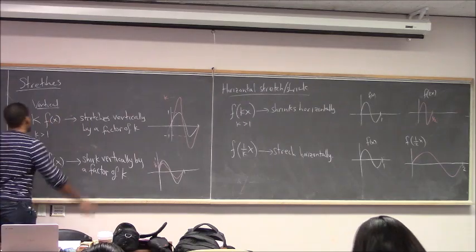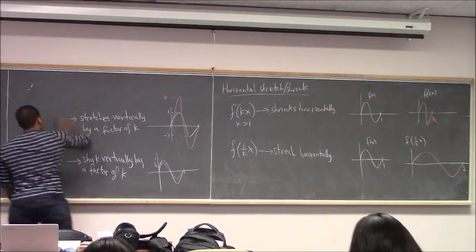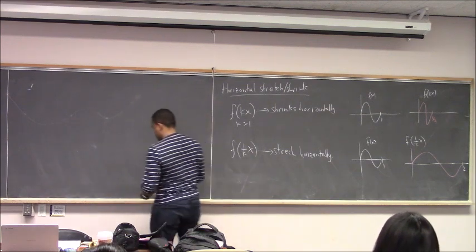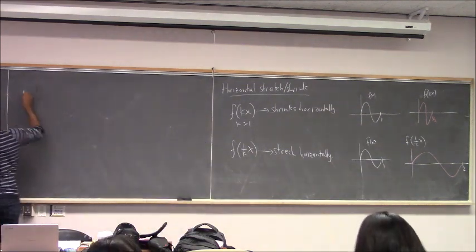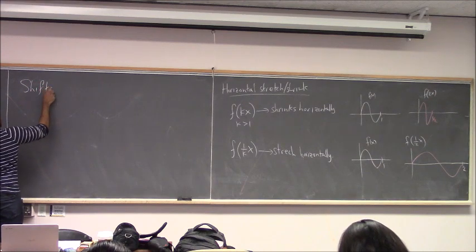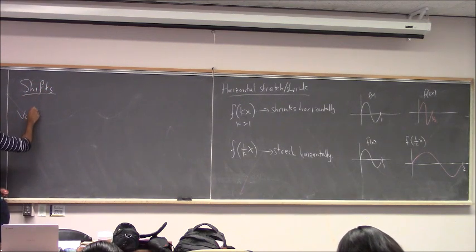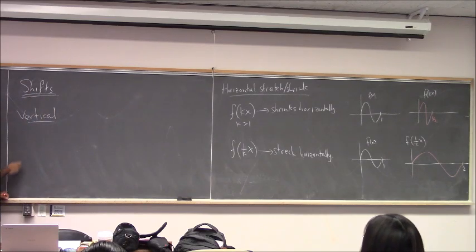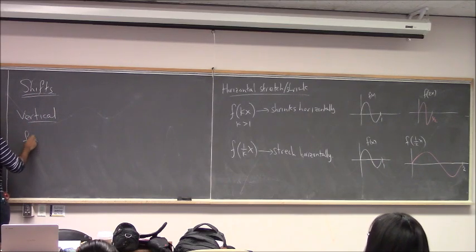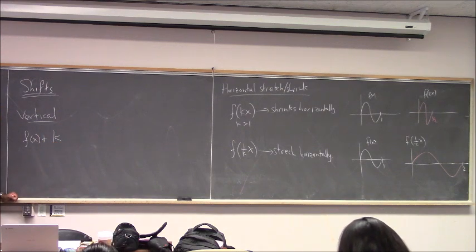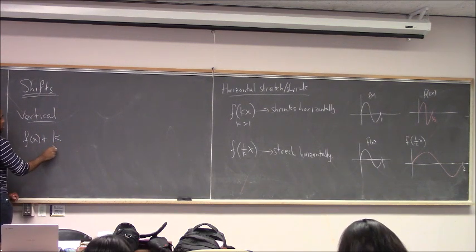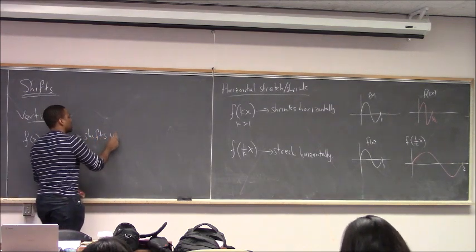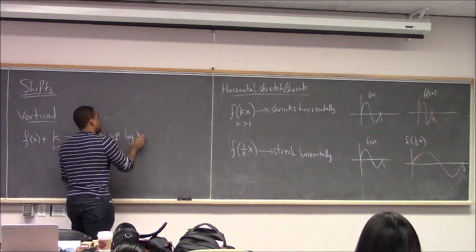So those are stretches. You also need to know about shifts. So again, you have vertical shifts. This is if you take f of x plus some constant k, and I'm assuming this is a positive number, then this shifts up by k units.